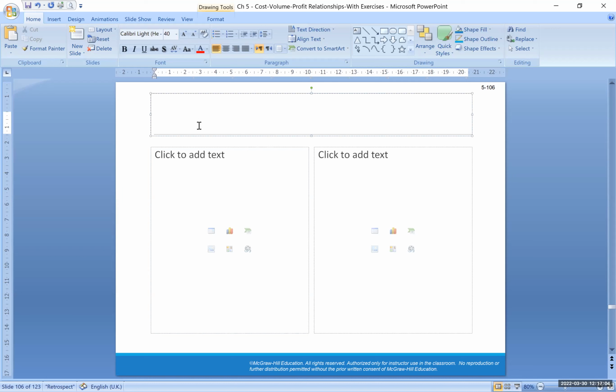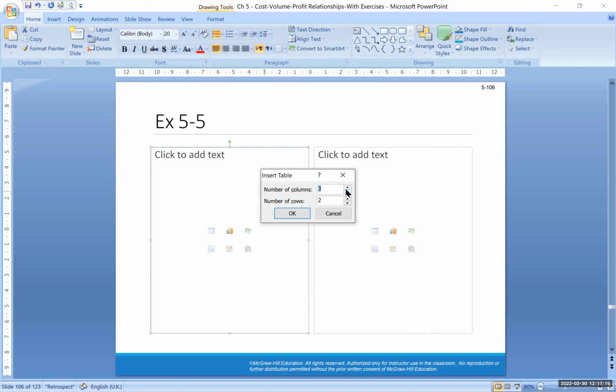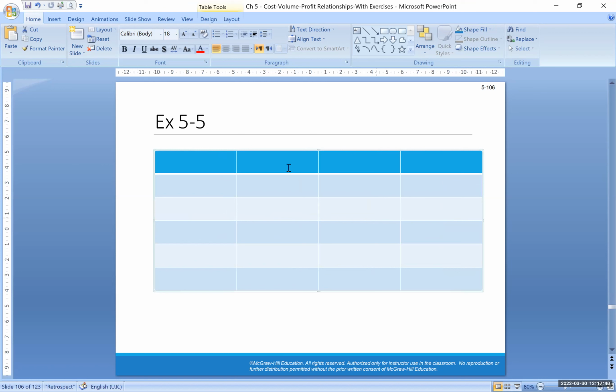We need, this is exercise 5.5, and we need an income statement. The current sales, which is 9,000 units.